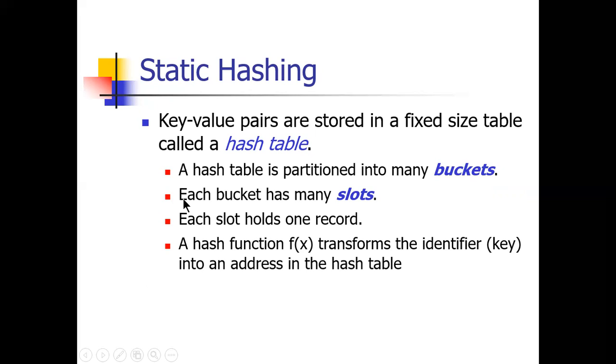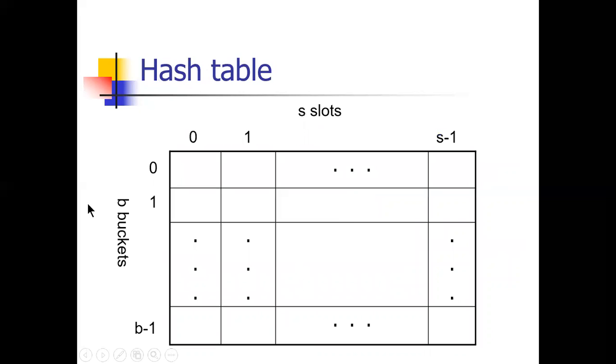That is static hashing, storing data in a fixed-size table. For example, this is the bucket we're talking about, which is divided into slots, like a crate.